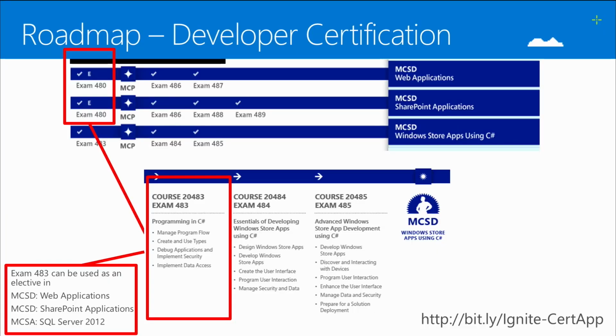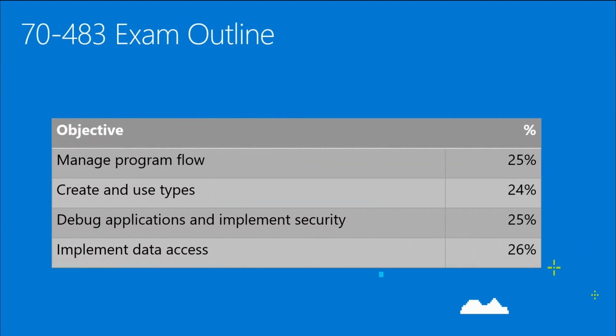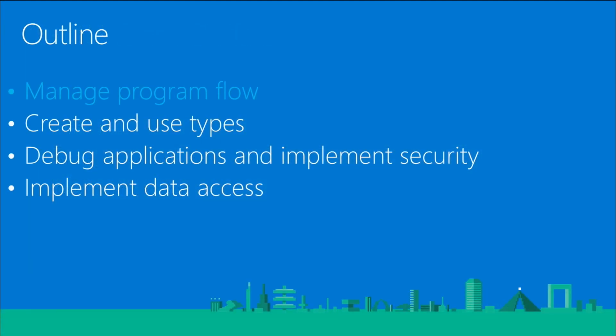In the meantime, you're going to notice the basic roadmap that I've mentioned before, and this is the entry point into web applications, SharePoint applications, and Windows Store applications by utilizing C#. There's the exam guide, and again, I've already displayed the page, so I'm not going to worry about bringing that up. And then there is the exam outline, again, as I've already mentioned.